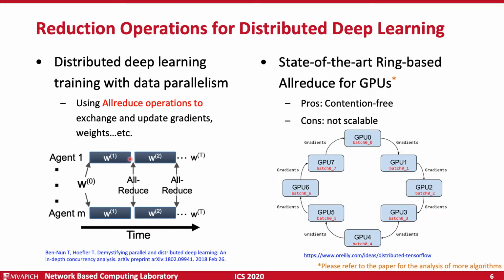Then at some point, you need to synchronize to exchange some gradients and weights. And here we've been using Allreduce. So Allreduce is heavily used here. You can definitely check out this paper I'm citing here, or a lot of other papers discussing how and why we are using Allreduce.